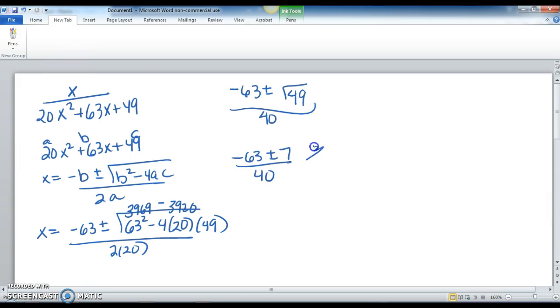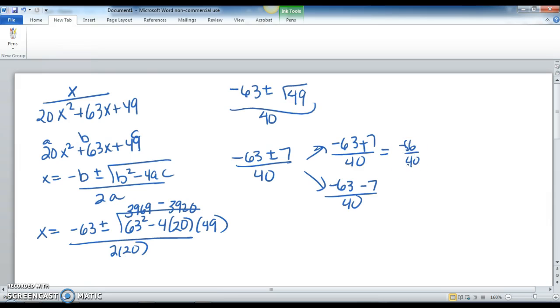So that breaks down into two problems. Negative 63 plus 7 over 40. Negative 63 minus 7 over 40. So negative 63 plus 7 divided by 40 gives you negative 56 over 40.